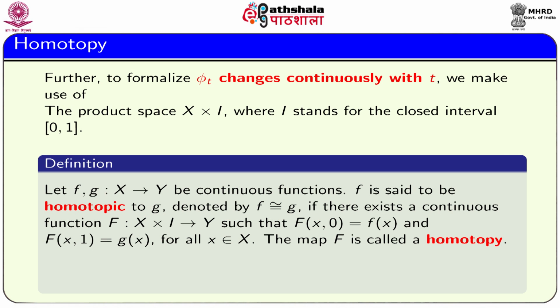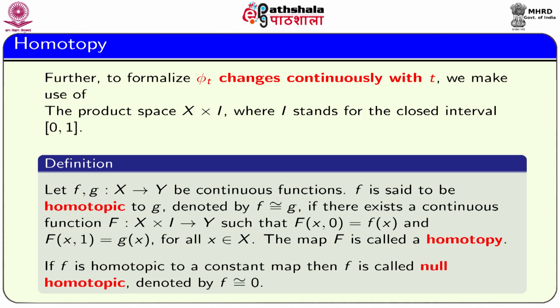So, we give the formal definition of homotopy this way: given two continuous functions f and g from X to Y, f is said to be homotopic to g, denoted by f ≃ g, if there exists a continuous function capital F such that F(x,0) is small f(x) and F(x,1) is equal to small g(x) for all x belonging to capital X. The domain of capital F is the product space X cross I and the range is capital Y, and this capital F is called the homotopy.